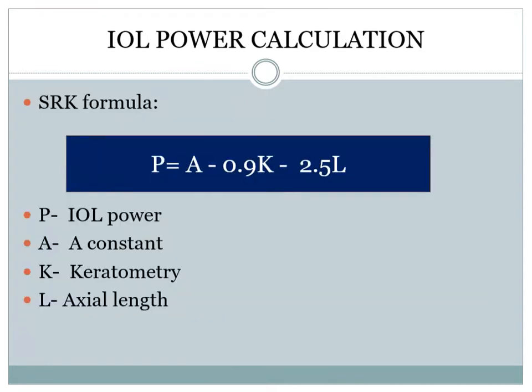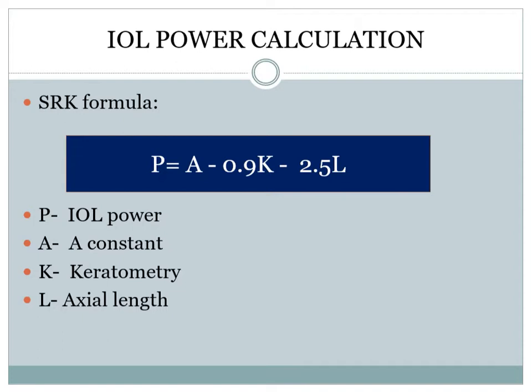Then the third important ocular investigation which you do is IOL power calculation. See, all of us do not have the same refracting powers for the eye, isn't it? Some of us are myopes, some are hypermetropes, some are emmetropes, some have astigmatism.